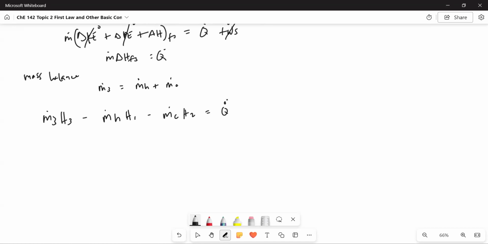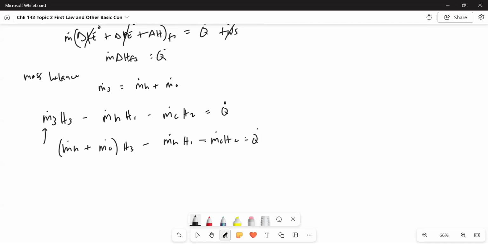But we can replace m3 with the mass balance, mH plus mC. So as mentioned, we combine the two equations: mH H3 plus mC H3 minus mH H1 minus mC H2.